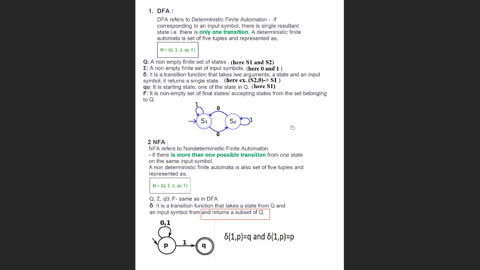Now, when it comes to non-deterministic finite automaton, all elements of this n-tuple are practically the same, except for delta. Delta, this transition function, takes a pair of inputs, state and the input symbol, but it may return a subset of Q. So may not be 1, but 2 or more states.